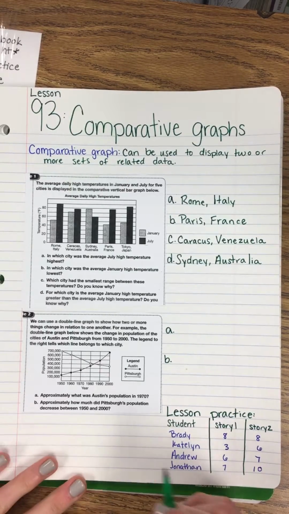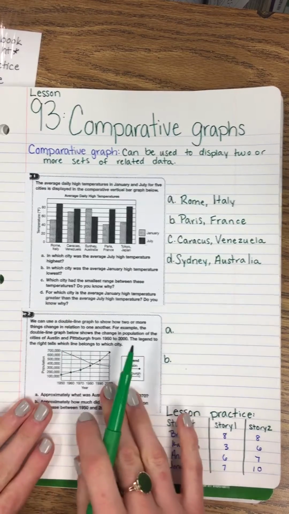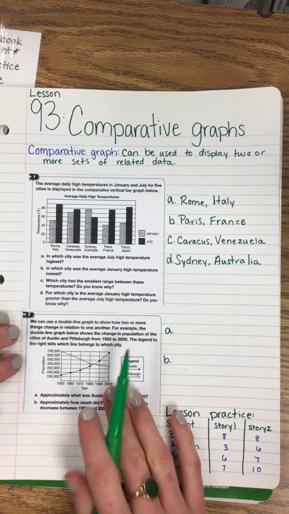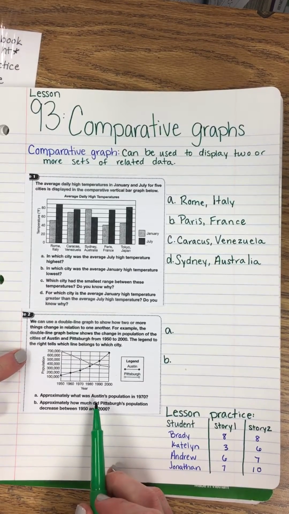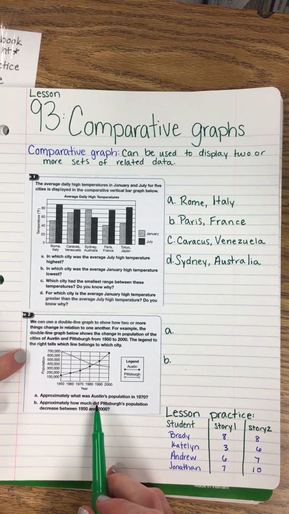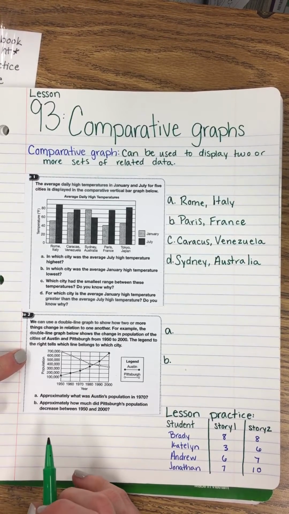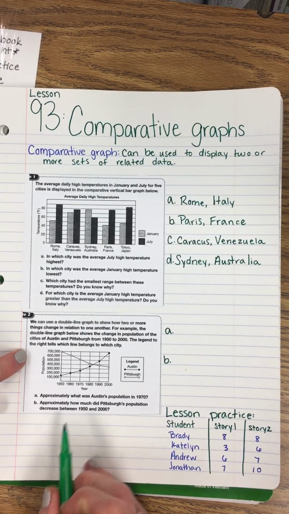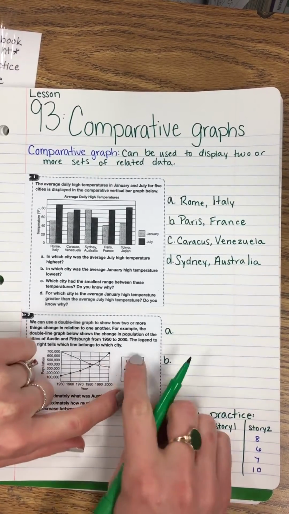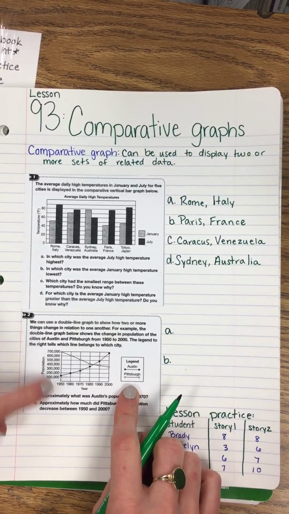Example 2 is a different kind of comparative graph called a double line graph. We can use a double line graph to show how two or more things change in relation to one another. For example, the double line graph below shows the change in population of the cities of Austin and Pittsburgh from 1950 to 2000. The legend or key at the right tells which line belongs to which city.